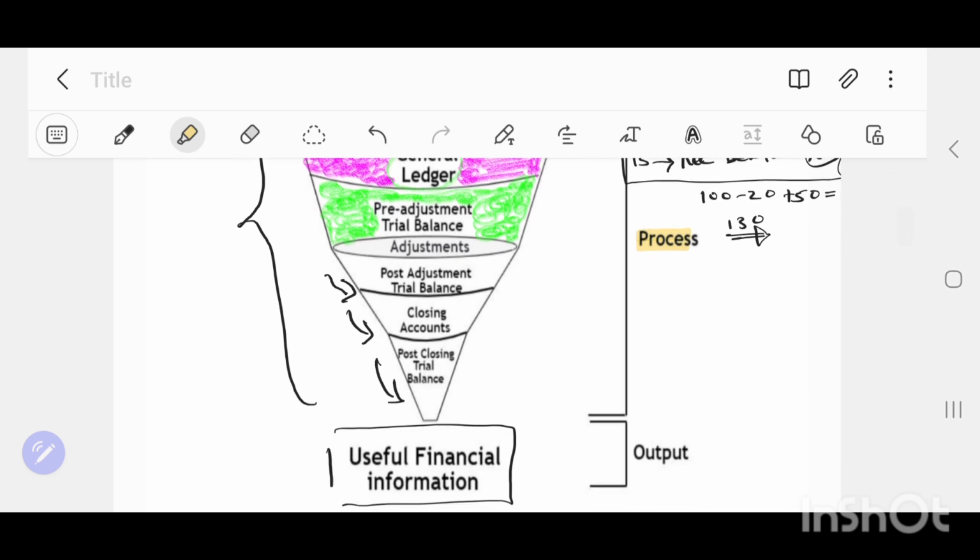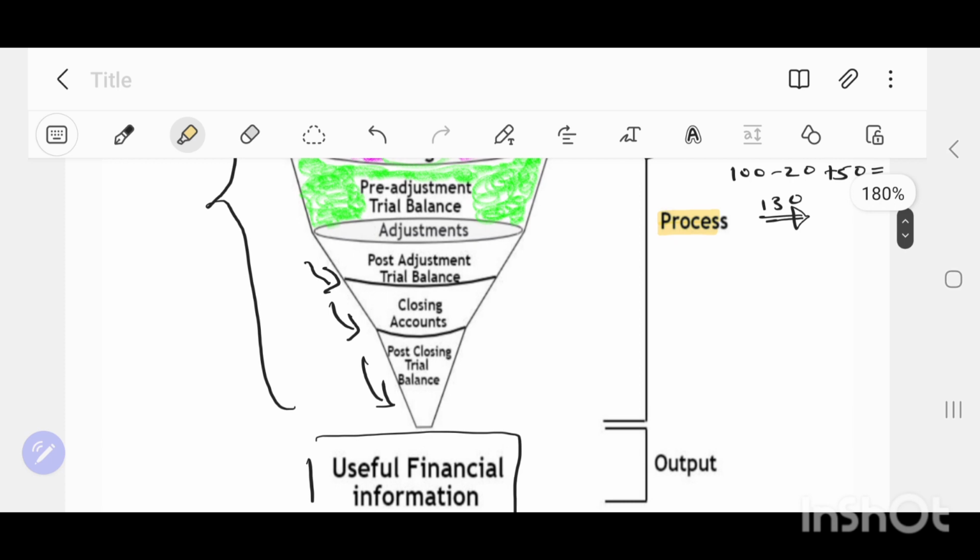The output is what is described in the conceptual framework to say the goal of financial reporting is to provide useful financial information about the reporting entity to the primary users, which are existing and potential investors, lenders, and other creditors. So our goal is to provide useful financial information.